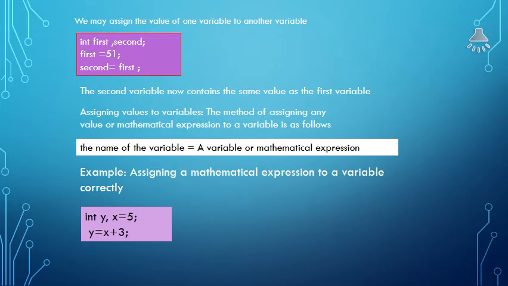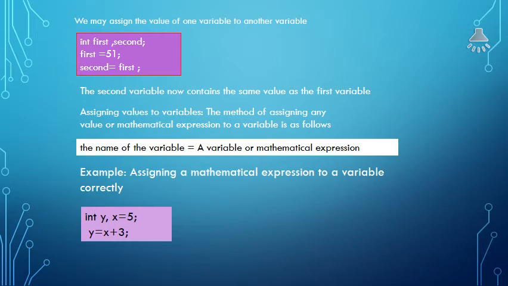We may assign the value of one variable to another variable. Int first, second. First equals 51. Second equals first. The second variable now contains the same value as the first variable. Assigning values to variables.